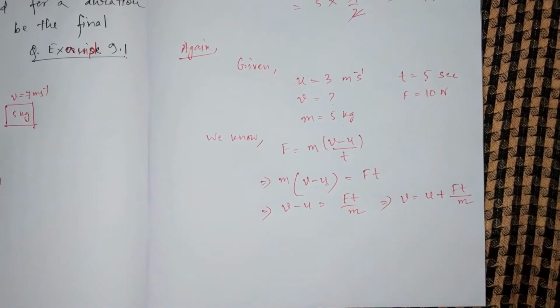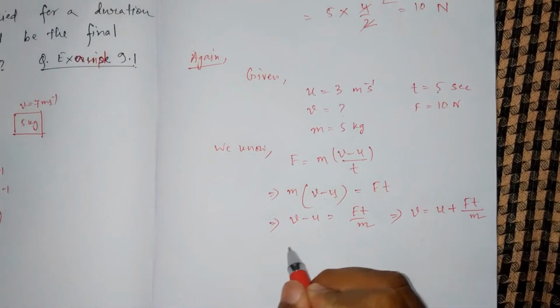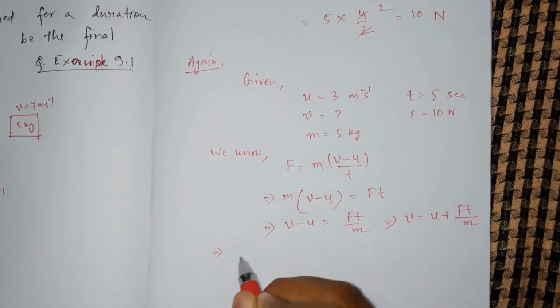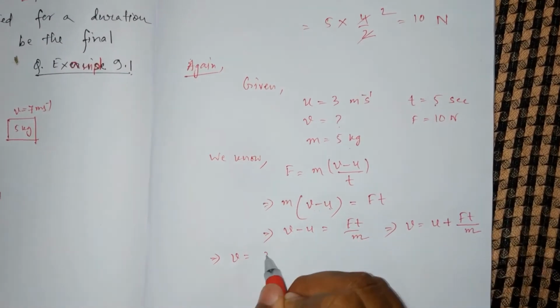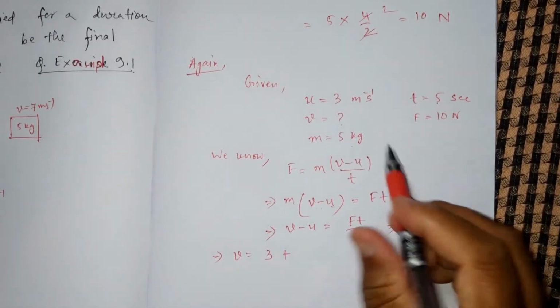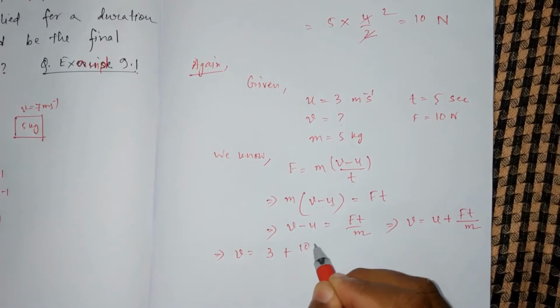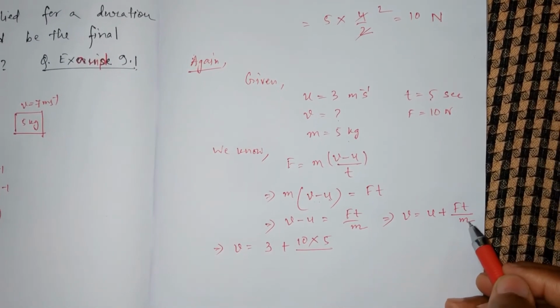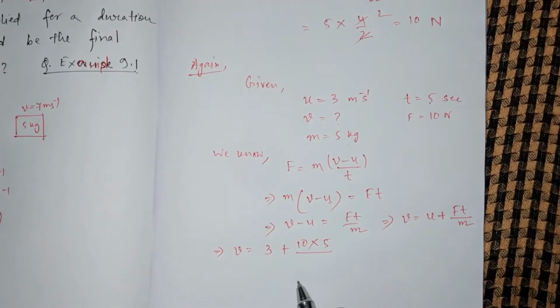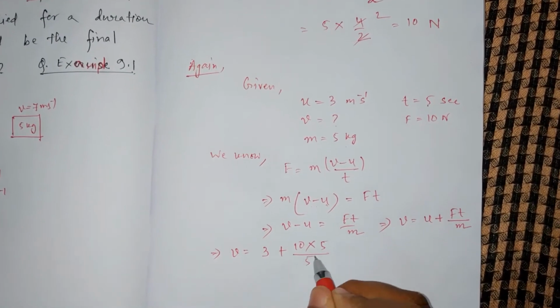So now I will put the values here, okay. So I will write v equal to u plus F t by m. The value of u is 3, value of F is 10, t is 5, and here in the denominator we will write 5, okay, m is 5.